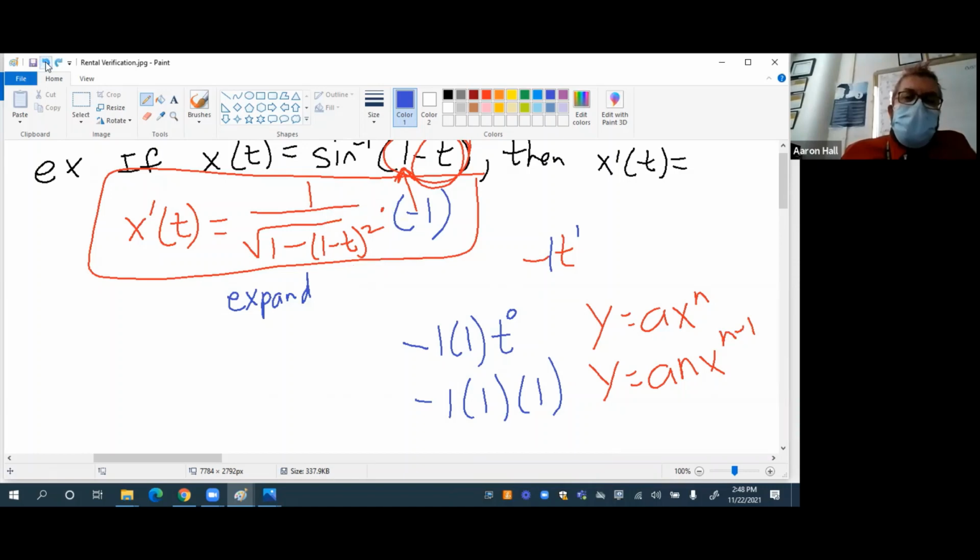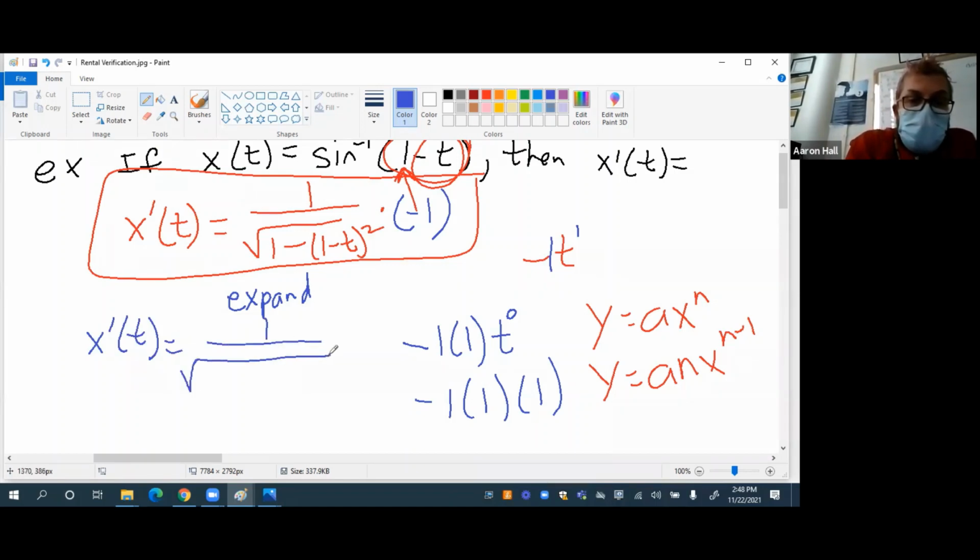What happened? Let's try to expand this and then just do some arithmetic. So I have x prime of t equals 1 over the square root of 1 minus, in parentheses, 1 minus t squared. Isn't that the same as 1 minus t times 1 minus t? Does that look right to you, besides being messy?